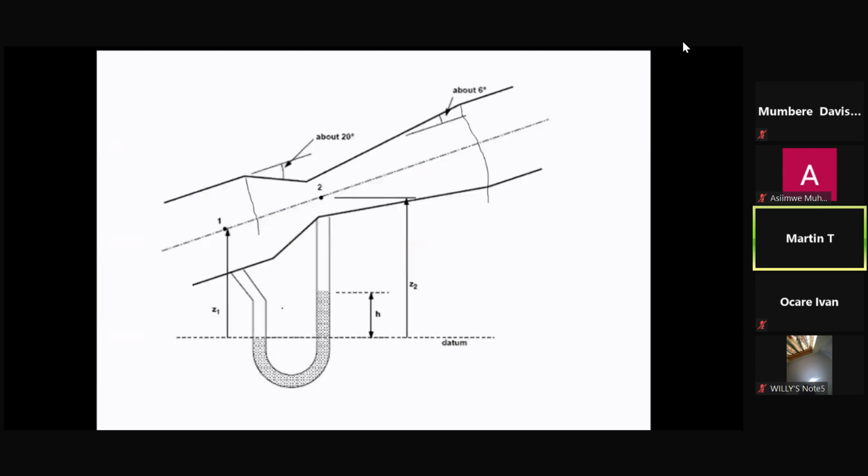State Bernoulli's equation again: P1 over rho g plus V1 squared over 2g plus Z1 is equal to P2 over rho g plus V2 squared over 2g plus Z2. If we consider that the elevation is the same, then the sum is equal to a constant.